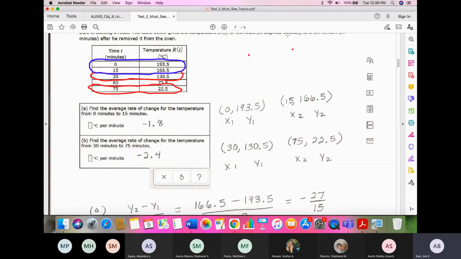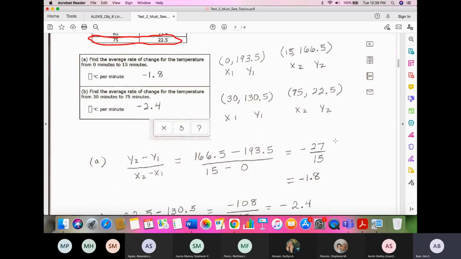Let's close that off. You can ignore the red dots, they're just part of the software. So we want the two red ones now, the ones that have partial red around them. So we want 30, 130.5, and we want 75, 22.5.